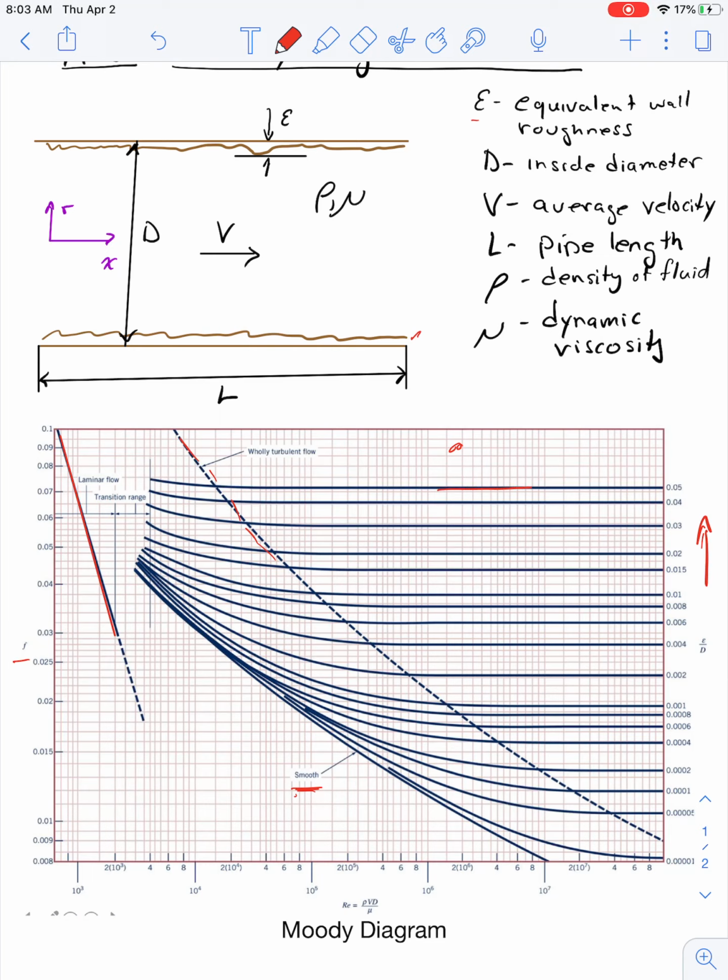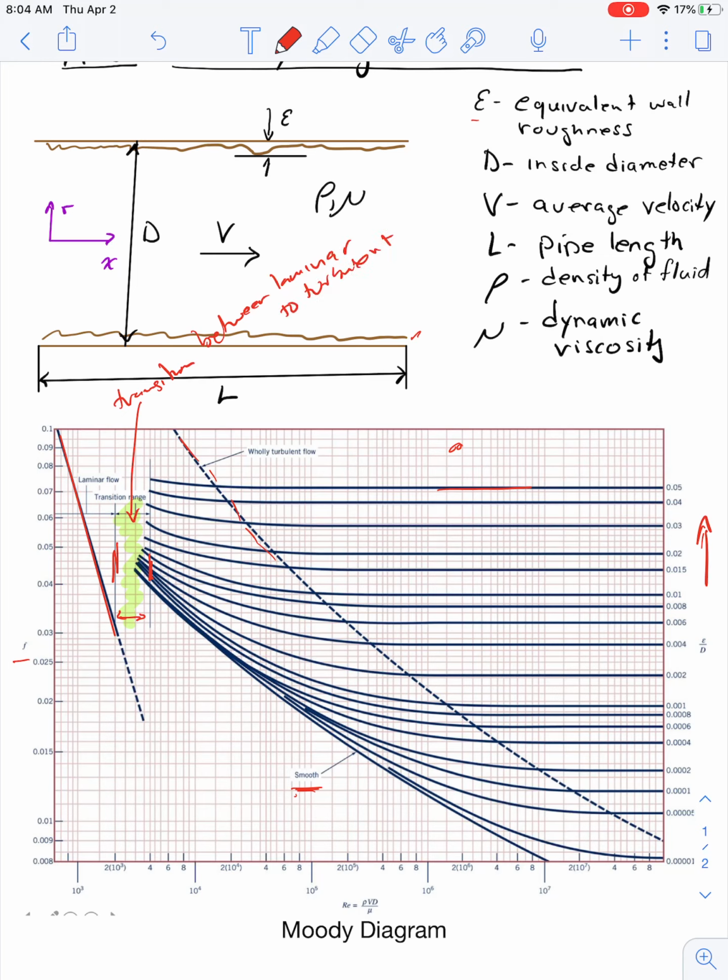Now, the other piece that's important to look at is this middle region, between a Reynolds number of about 2,000 and 4,000, where these vertical lines exist. This region is where the Moody diagram is pretty poor, and this is where we're transitioning from laminar to turbulent.